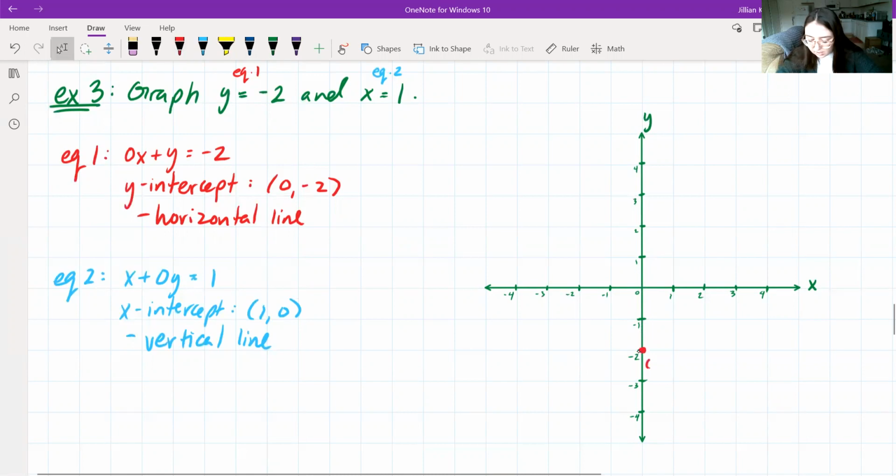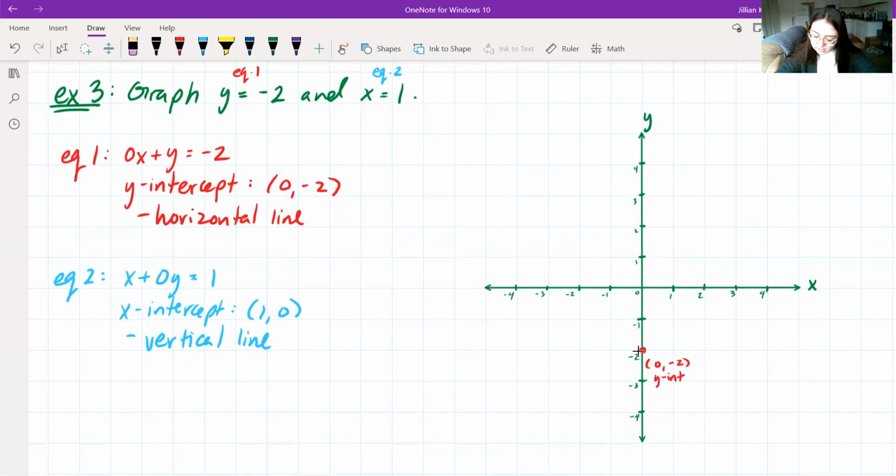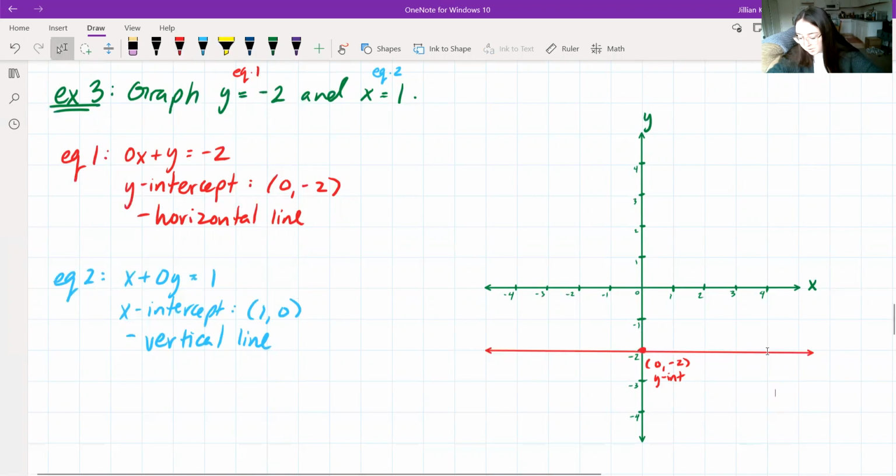And this is our (0, -2), or our intercept. And this is the graph of our solution. Okay, it's supposed to be straight. It's a little crooked. There we go. So this is our horizontal line. This represents all of our solutions to our equation y equals -2.